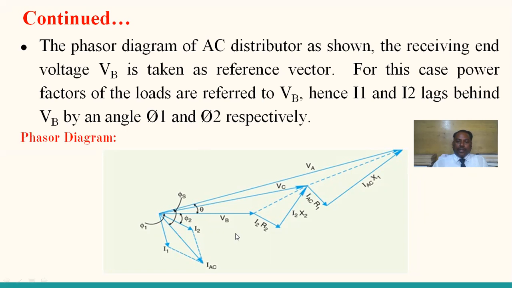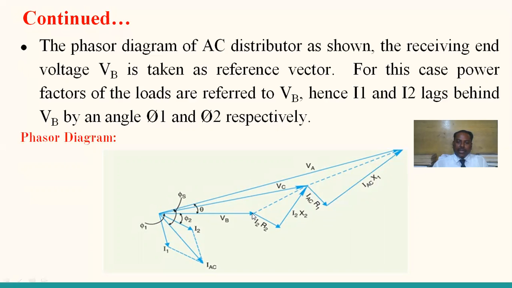Therefore, the receiving end voltage plus the drop of the section BC is the voltage available at the load point C. And for this, we also add the resistive drop for the first section, the current in section AC into R1. Similarly, the current in section AC, IAC into X1, is the reactance drop. So, the sending end voltage we need to calculate.